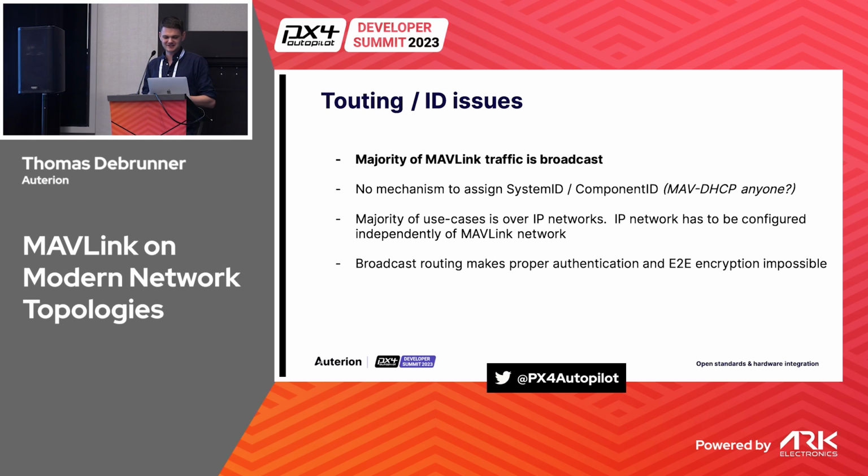There's also no assignment for these system IDs and component IDs; so far that's just always been hard-coded. There have been people talking about MAVDHCP, but I guess we know the meme, right? And also, things that we probably really want, like authentication and encryption, are really hampered by this.